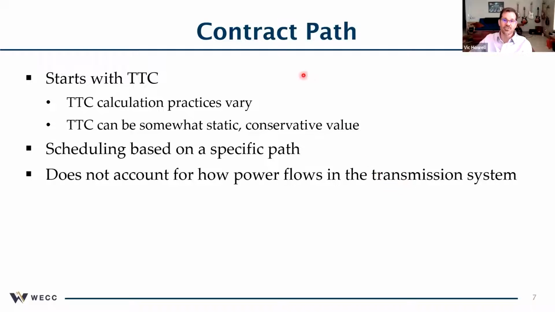And one of the major components of the contract path methodology is that scheduling is based on that specific path that we discussed. But we also talked about the fact that it does not account for how power actually flows in the transmission system. So that's kind of a high-level picture of the contract path methodology.